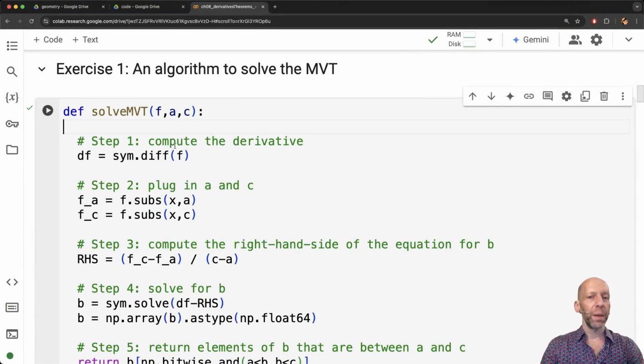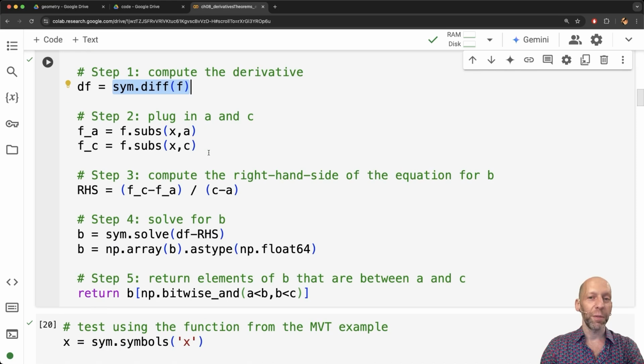So here you see my code. I define a standard Python function called solve MVT, where the inputs are f, that is the symbolic or SymPy expression, and a and c are the 2 numbers for the x-axis boundaries of the interval. Okay, so here is step 1, differentiate f. Pretty straightforward.